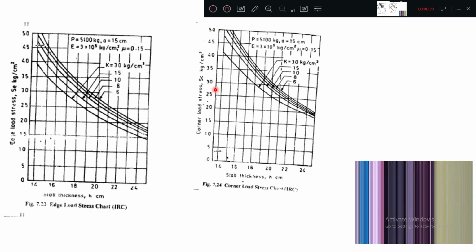That will be your SC value, 26 kg per centimeter square, okay. Similarly here also 20, project it here, get the value of SE. That will be your SE value. Okay, like that you can easily calculate.